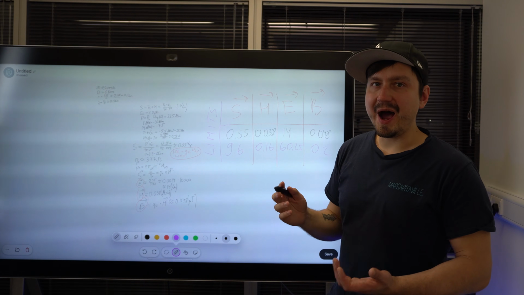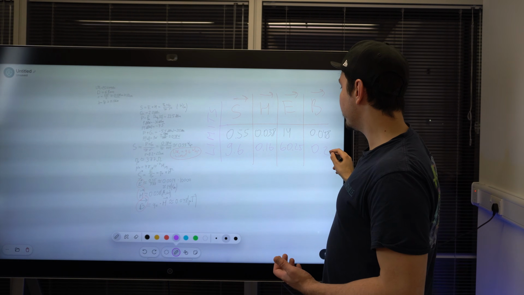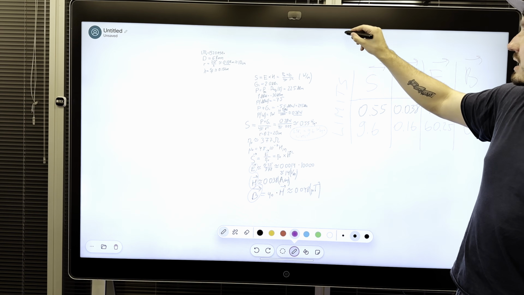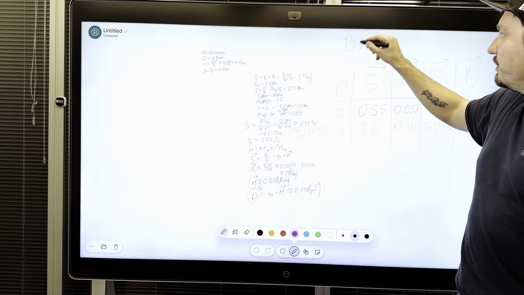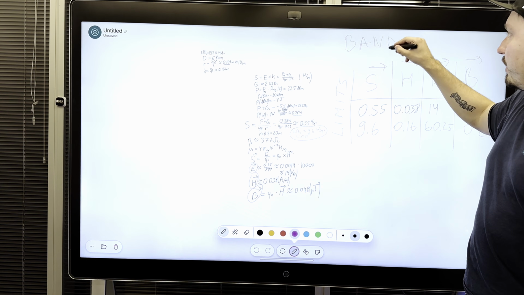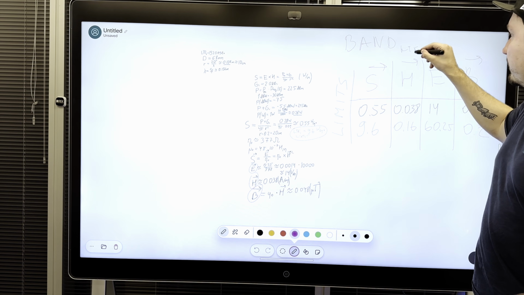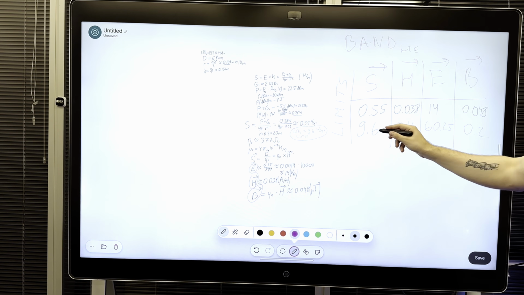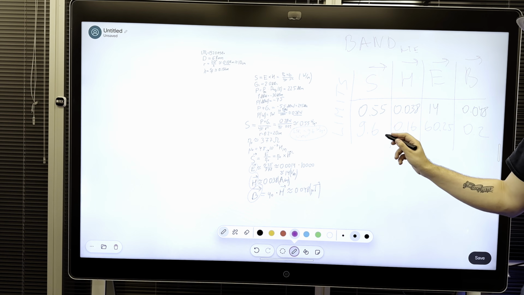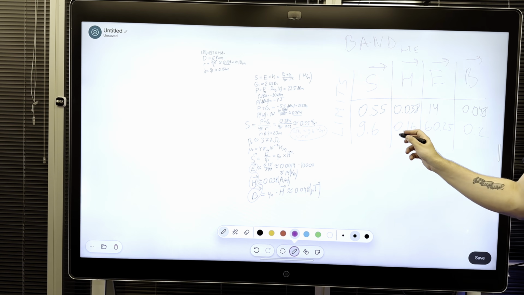So if we look at the ICNIRP guidelines, we can figure out the limits for band 1 of LTE, and effectively those are the limits for the power density, which is 9.6 watt per meter squared.